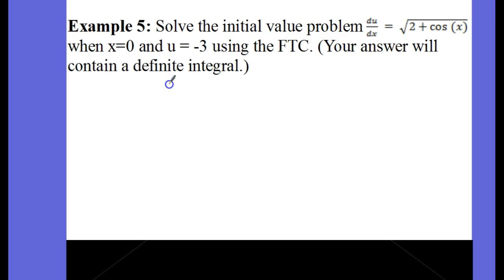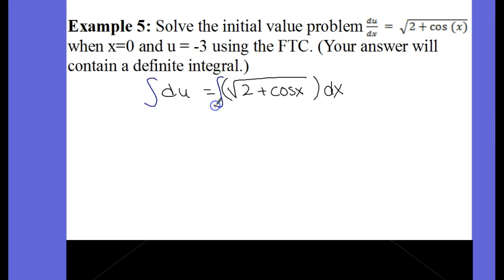What do I get? du on one side and dx on the other. And then we're going to integrate. So essentially what this is saying is, how could I integrate this with bounds to make it look like FTC? What would go where if I wanted to integrate this with bounds?